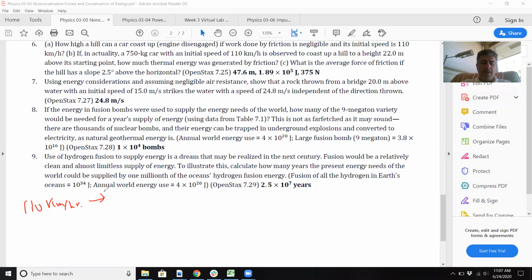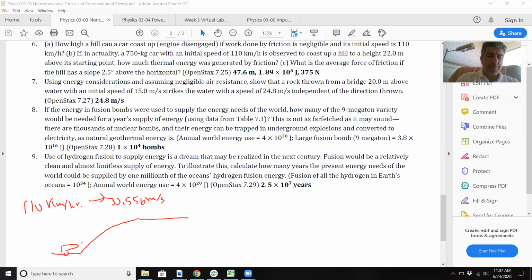And it already knows what I want. You can actually see my cell phone. It's kind of hard to see, but it says 110 kilometers per hour to meters per second. So it already knows what I want. Kind of smart, right? So it's 30 point, I'll be as accurate as I can, 30.556 meters per second.